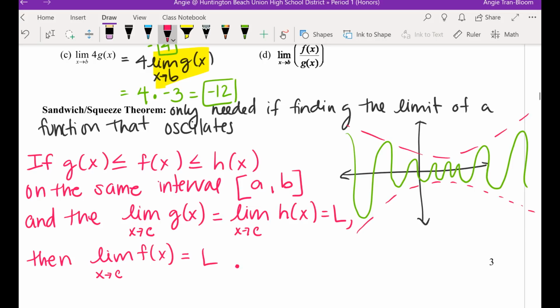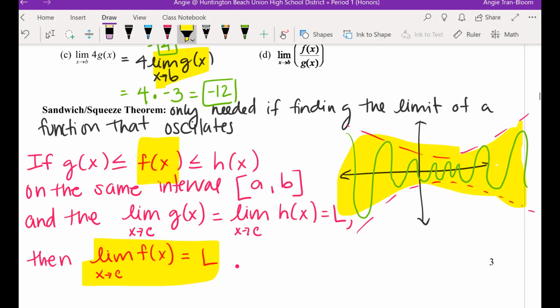Okay, so here's why this is called a squeeze theorem or a sandwich theorem. Usually when you think of a sandwich, we have to have a middle part. So what if I can't find the limit of f of x? What's happening is that in an oscillating function, you have a hard time finding the height coming from the right and the left.